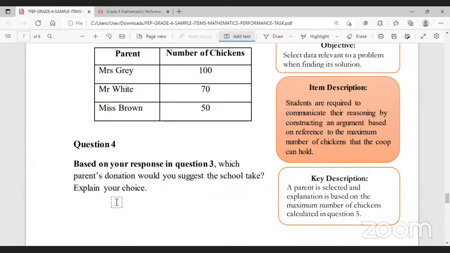So we will definitely go with Mr. White's donation. And I've already explained why we need to go with Mr. White's donation, but I'm going to just put it in writing.